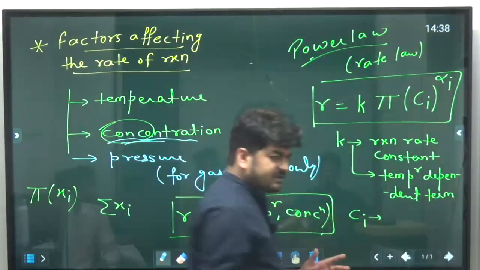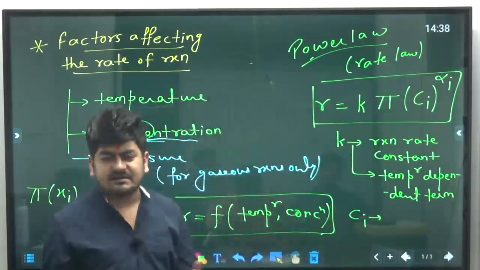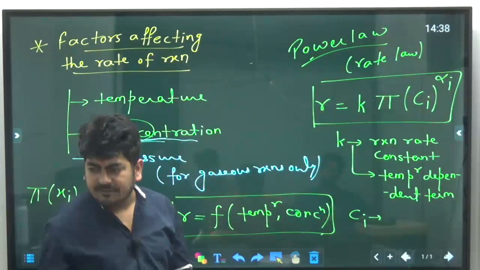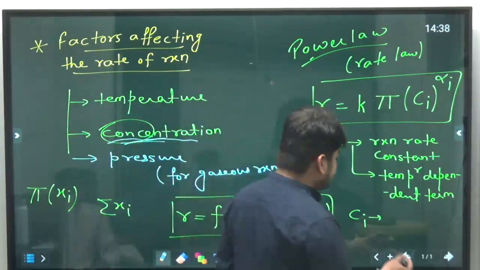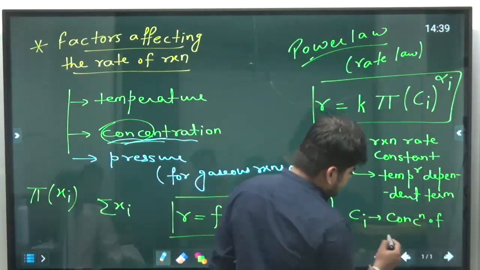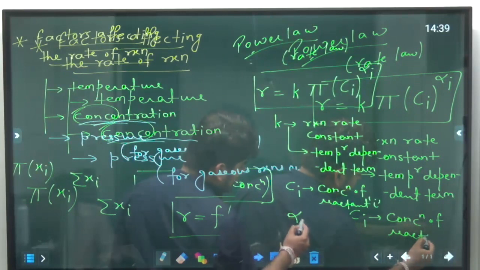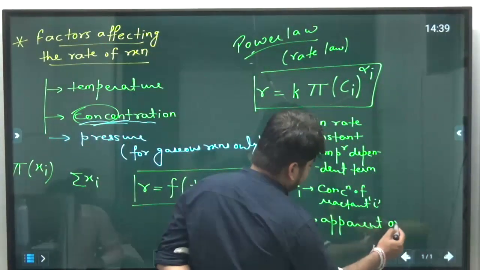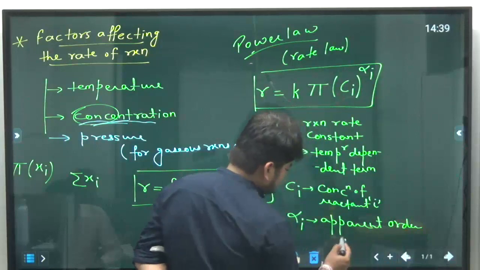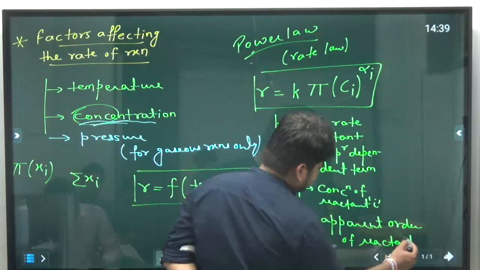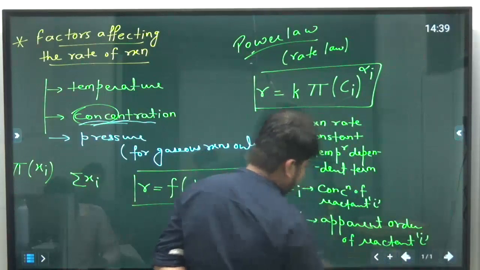Okay, because in our system reactants are the input which we are sending, so we can control them easily. So Ci represents the concentration of reactant i, and alpha i is the apparent order of reactant i. What is the meaning of apparent order? That we will see later on.